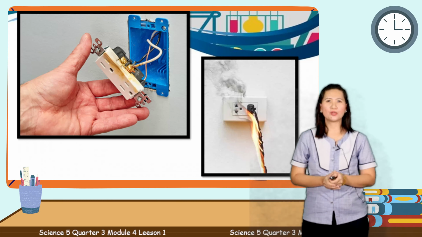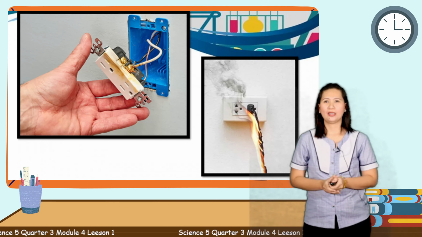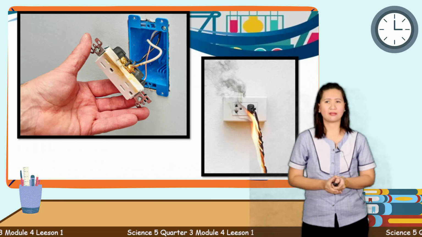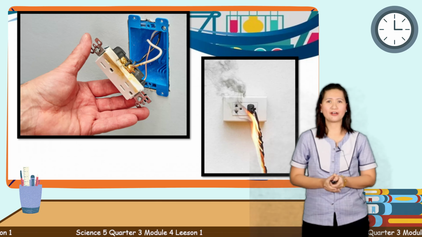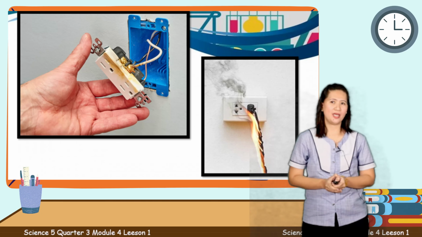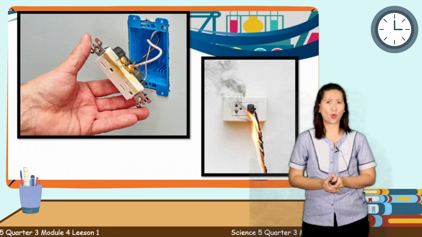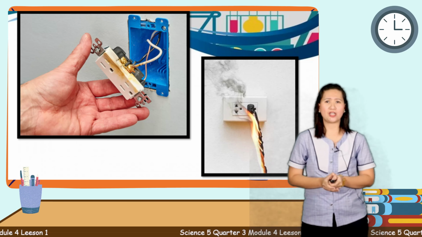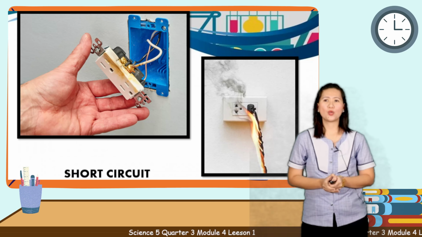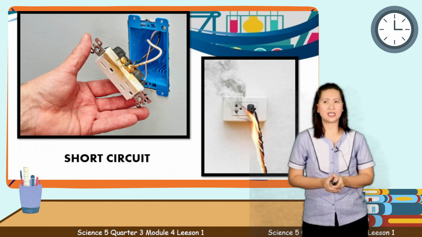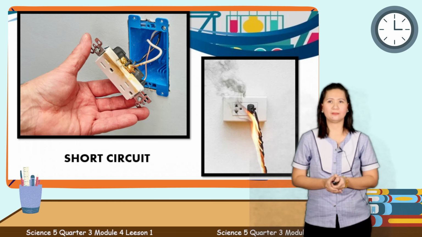So take a look at these pictures. What are these? These are faulty wirings. And is it safe? Of course not, because it may cause fire. So what do we call this? This is a short circuit.